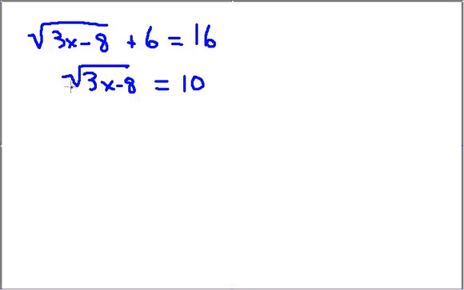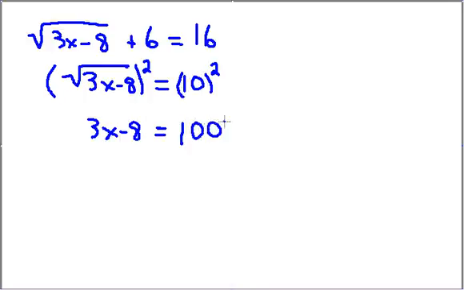Yes, we are. So at this point, we can go through our strategy of squaring both sides of the equation. Squaring radical 3x minus 8 is simply 3x minus 8. Squaring 10 on the right side gives us 100.